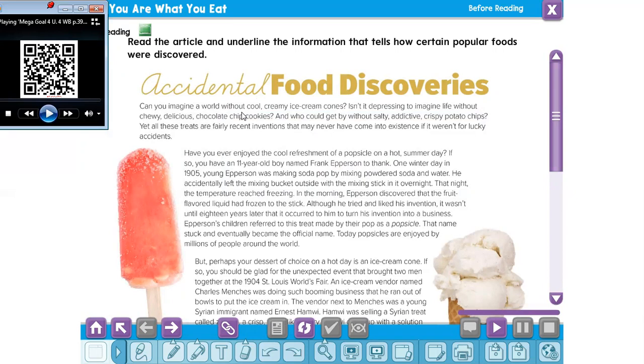And after finishing reading this text, we can discuss some questions. We can know some meanings of new words. So I want you to pay attention and follow me to know all this information. As you see, my dear students, the title of the article is Accidental Food Discoveries.